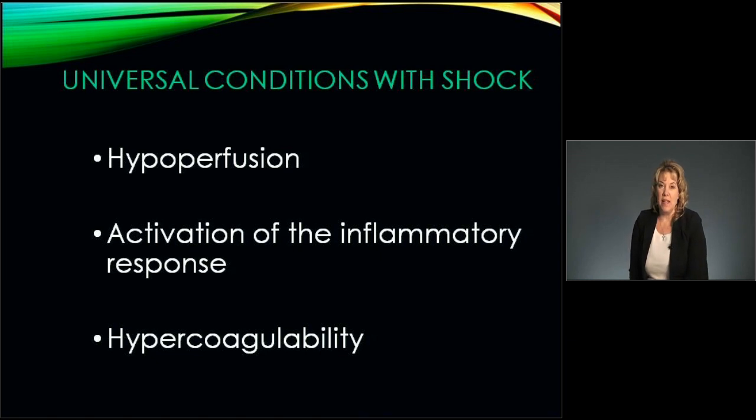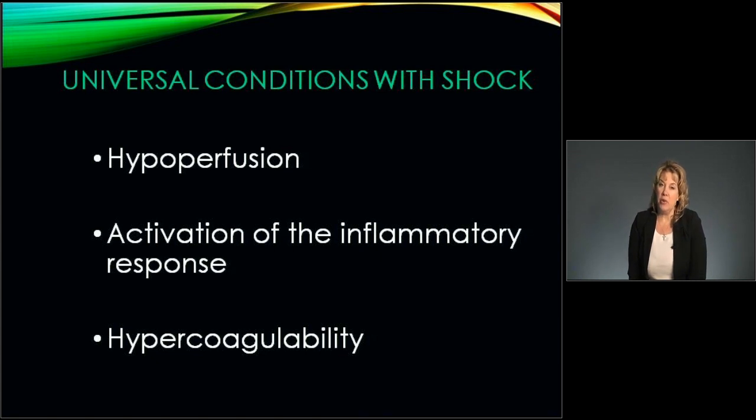There are three universal conditions associated with any shock state. Obviously, the first is that they're hypoperfused. So again, at the cellular level, at the tissue extraction level, there is not enough perfusion to support oxygenation and the ability of hemoglobin to drop off oxygen at the tissues so that it's available. When we don't have good perfusion, that's going to activate the inflammatory response, and we'll talk about the ramifications of that.